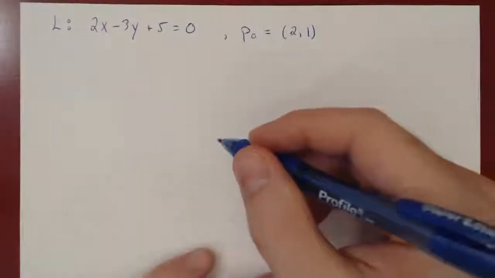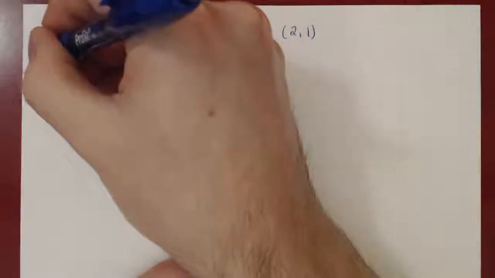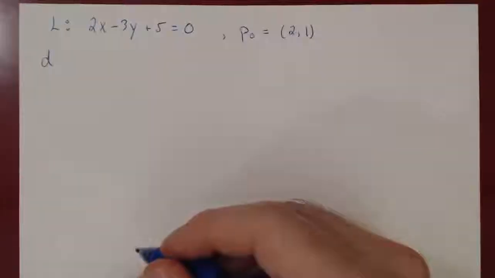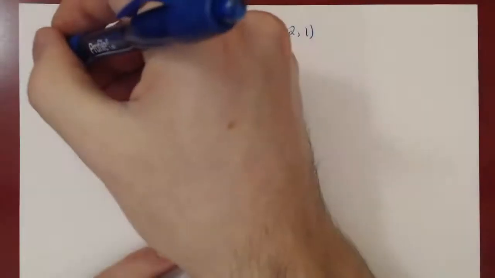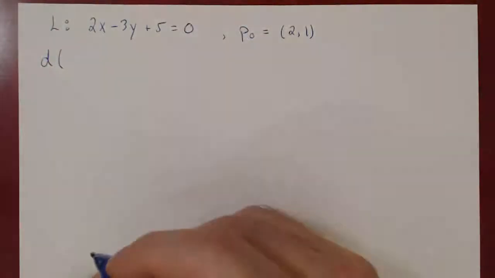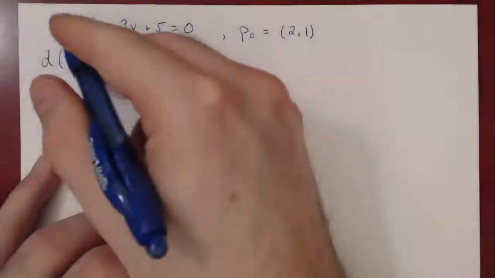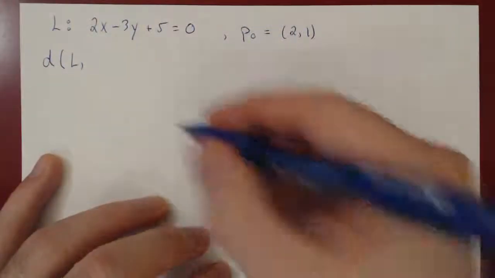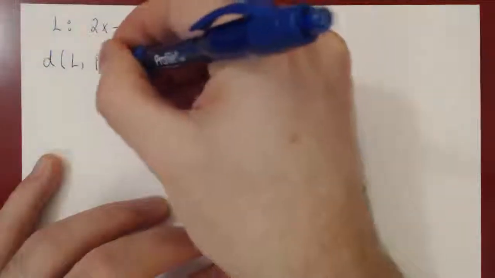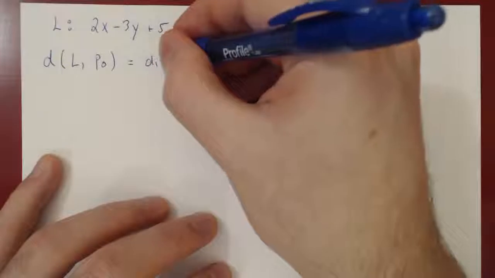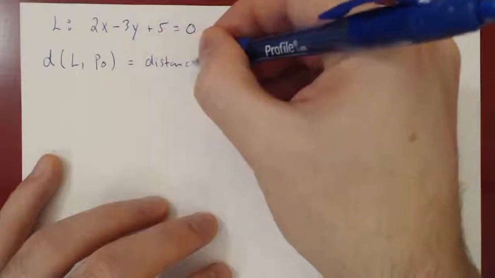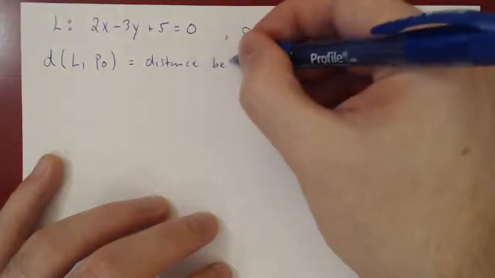Now we write the distance using the following notation. We write d for distance, and we will always have distance problems between two objects. So we'll write simply distance brackets, and we want the distance between this object, the line, and this other object, the point. So this is simply the distance between the line L and the point P naught.